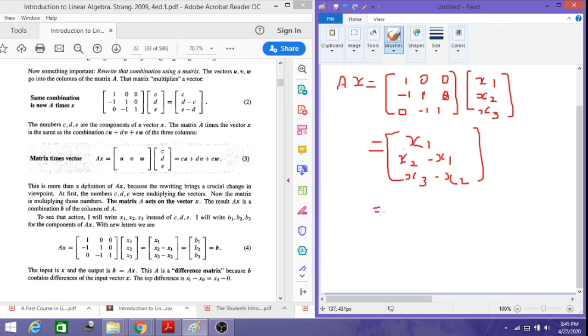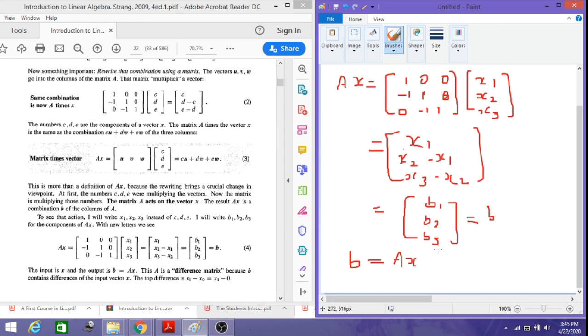So this is nothing but one more vector, that is b, with the components b1, b2 and b3. Therefore the input is x and the output is b, which is equal to A into x.